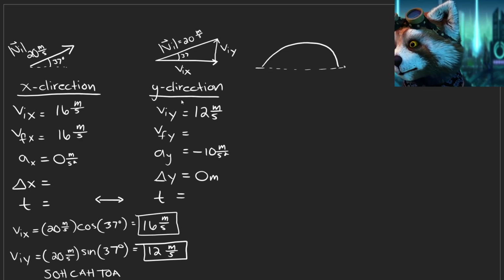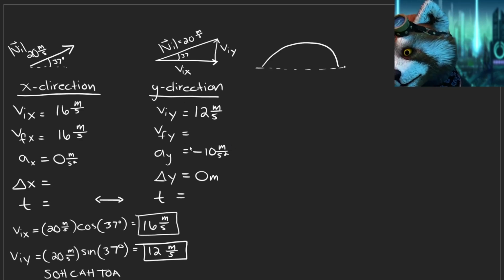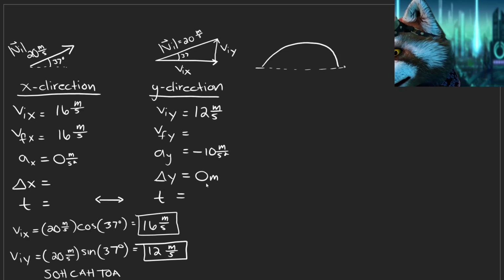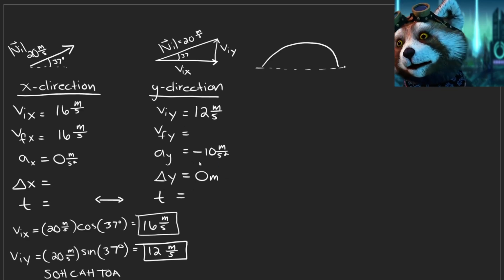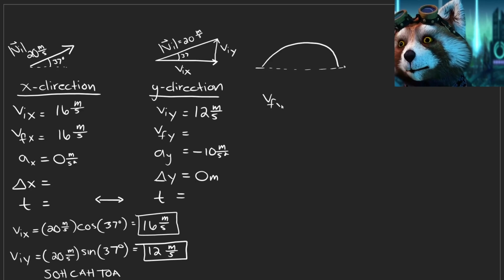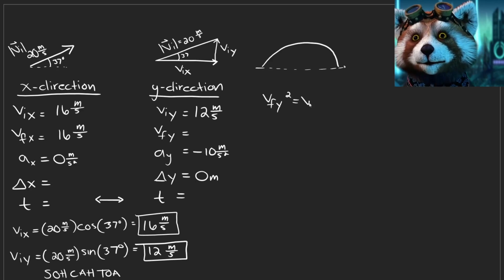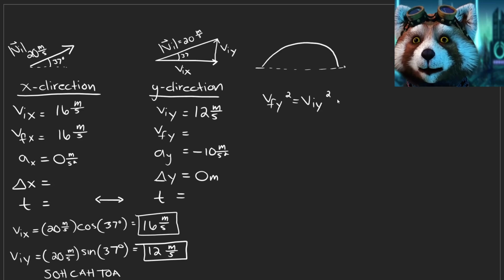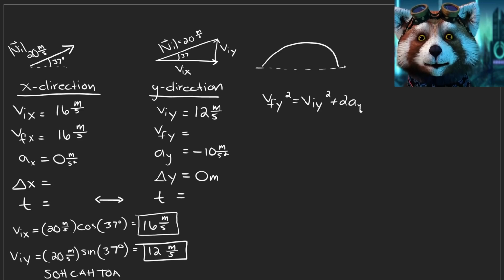So I got an initial velocity, I got an acceleration, I got a delta y. Didn't talk anything about time, so I will use equation 4, which is velocity final in the y squared equals velocity initial in the y squared plus 2 times acceleration in the y delta y.